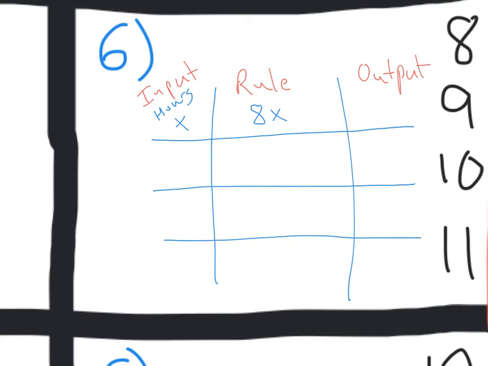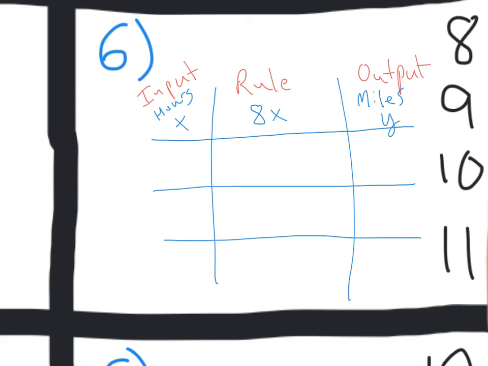Make a table to find how many hours she has skated when she has traveled 16, 24, and 32 miles. So miles is actually going to be our output, or our distance traveled. And they put the letter y.